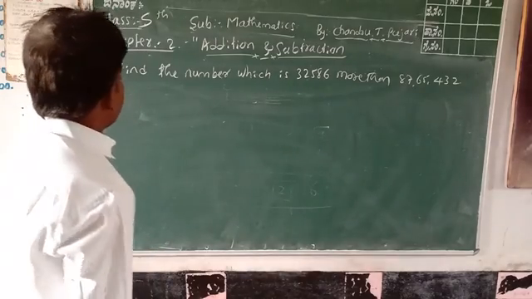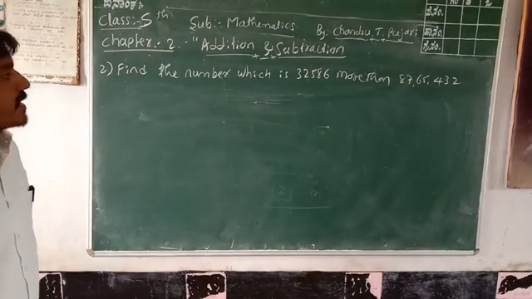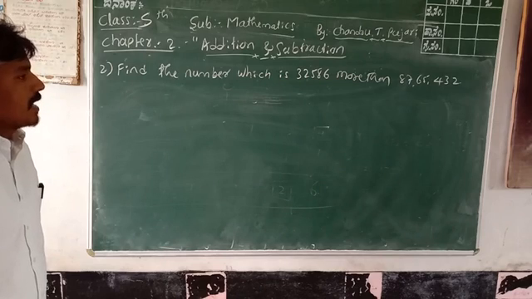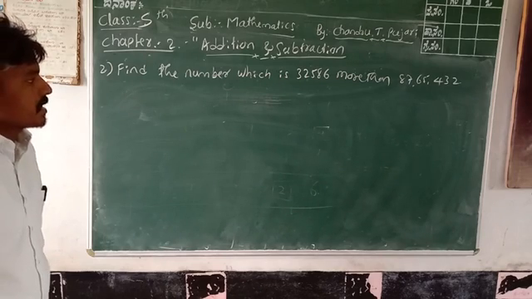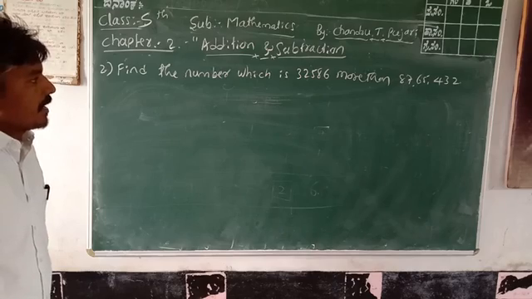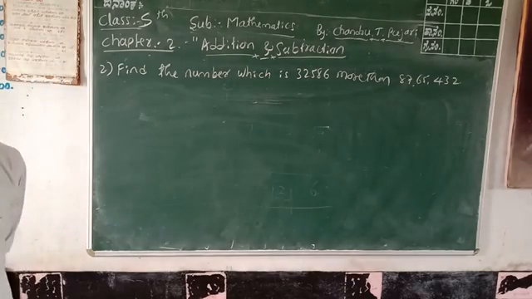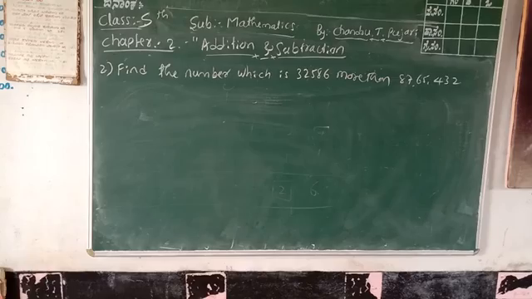The question is, find the number which is 32,586 more than 87,65,432. The question is very easy.